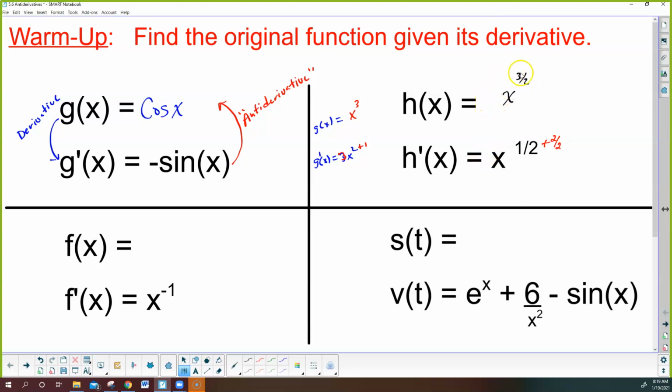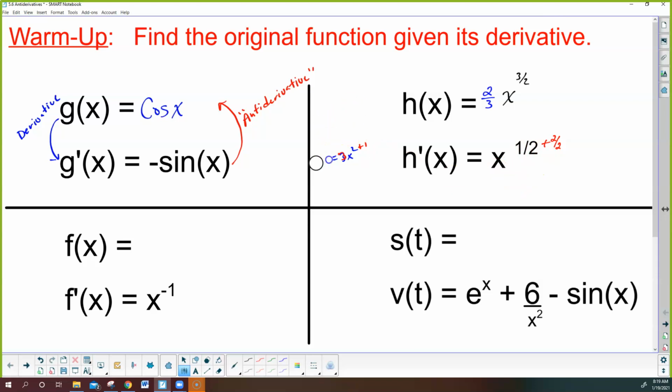So I want to think what's going to cancel out a 3/2. We need to put in a value right out in front that's going to cancel out. So if the 3/2 came down, the only thing that would cancel out the 3/2 would be a 2/3.